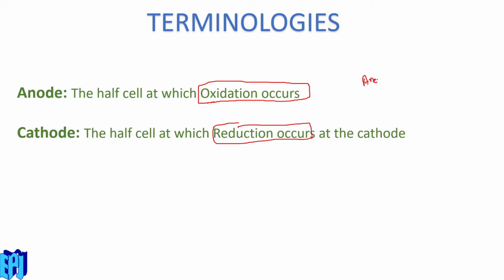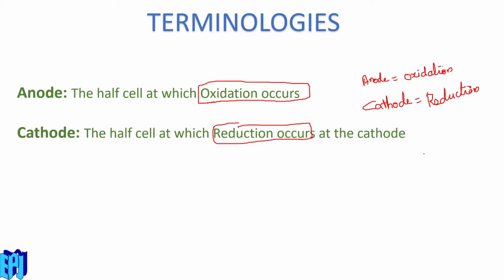Anode will give oxidation, and that of cathode, it will undergo reduction.